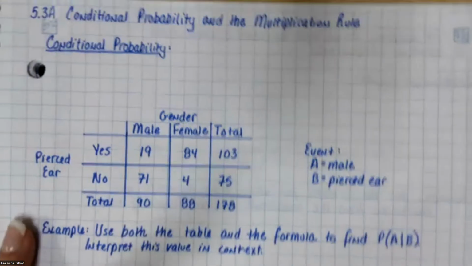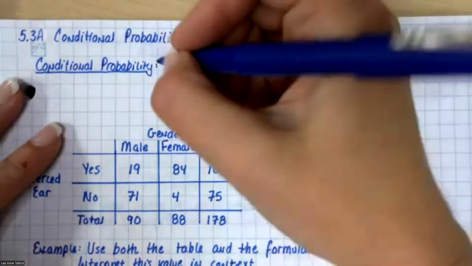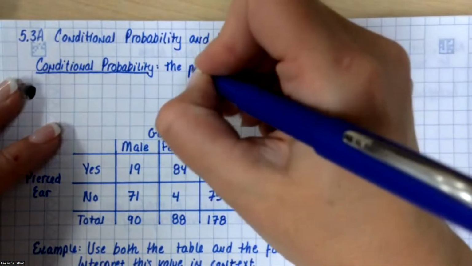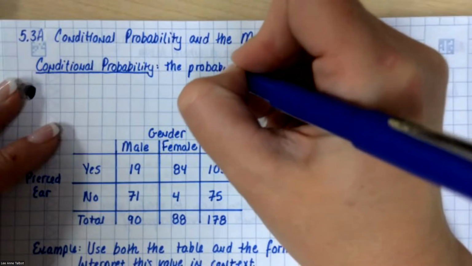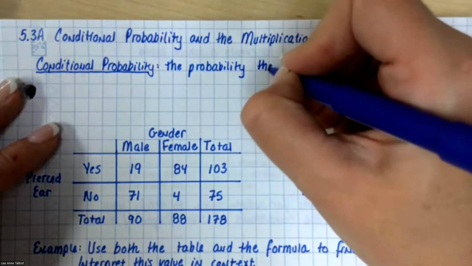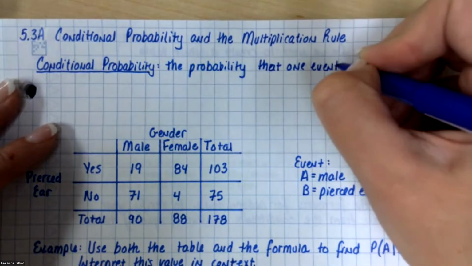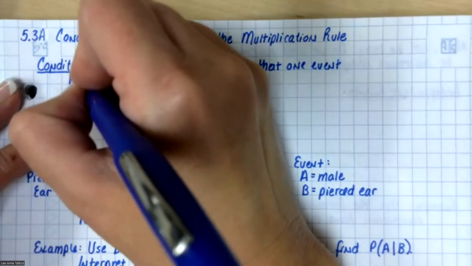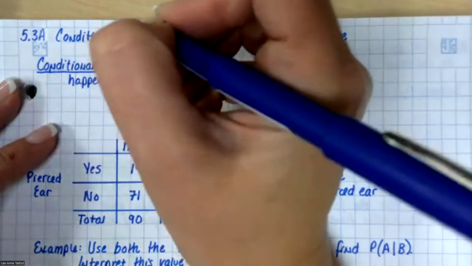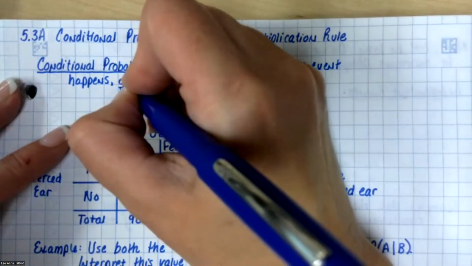Okay. Sorry. Okay. Conditional probability. The probability that one event happens given, and this is the major clue here, this word given is the whole thing.